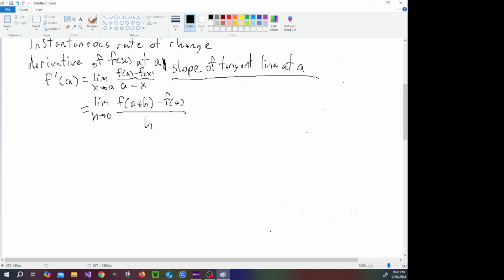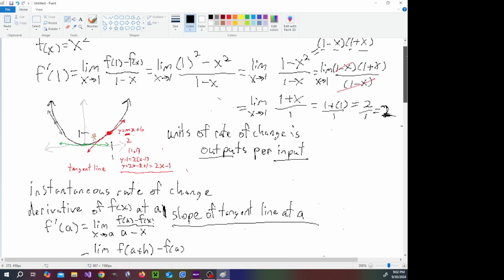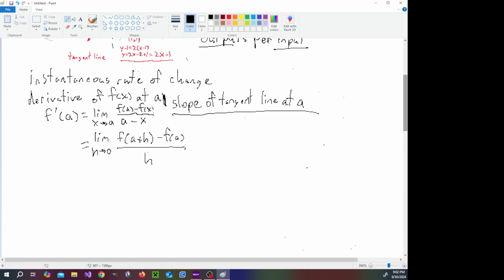So, does that work out nicely? Let's look at what we did earlier when we found the derivative of x squared at 1. Well, now f prime of 1, using the h definition, the limit as h goes to 0 of f of 1 plus h minus f of 1 over h.